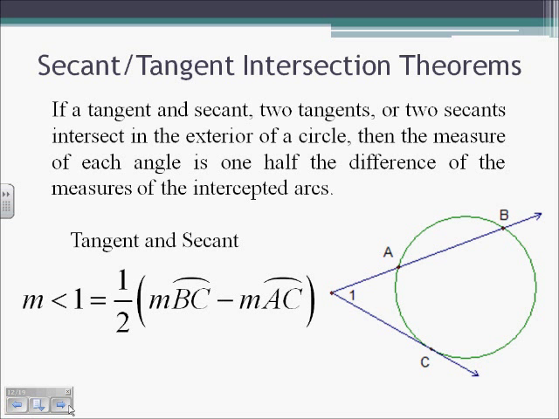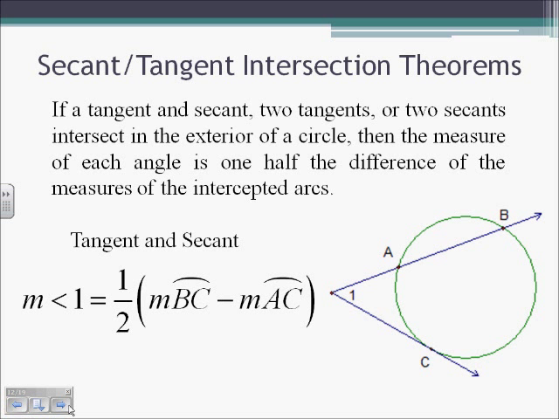The secant tangent intersection theorems. If a tangent and a secant, two tangents or two secants intersect in the exterior of a circle, then the measure of each angle is 1/2 the difference of the measures of the intercepted arcs. So angle 1 here is going to equal half of arc BC minus arc AC.